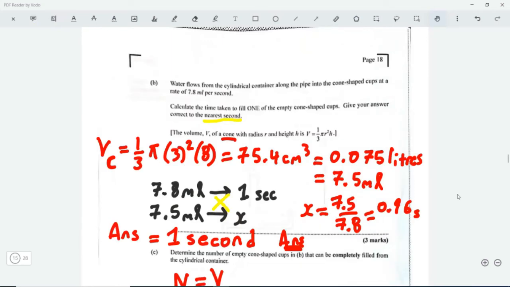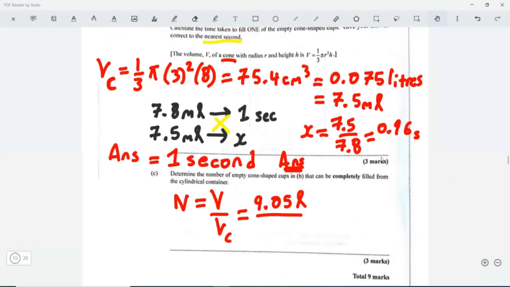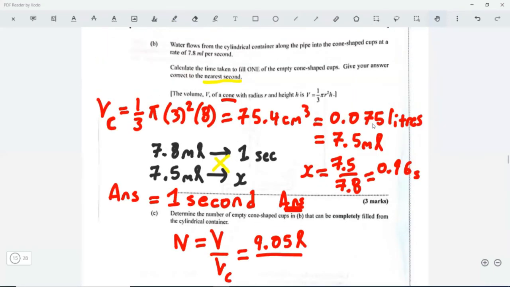So the volume of 9.05 liters, we're going to divide it by the volume of the cone. The volume of the cone in liters was what? Volume of the cone in liters was 0.075 liters.